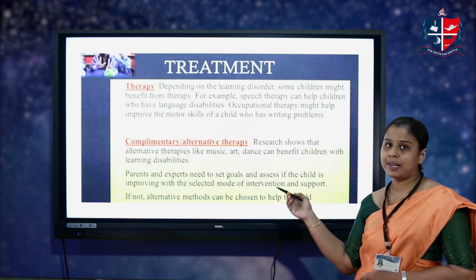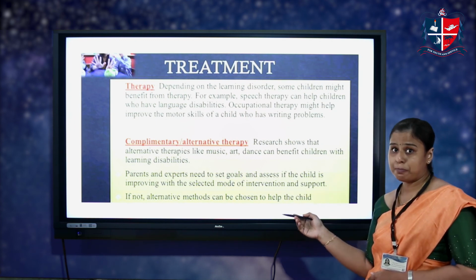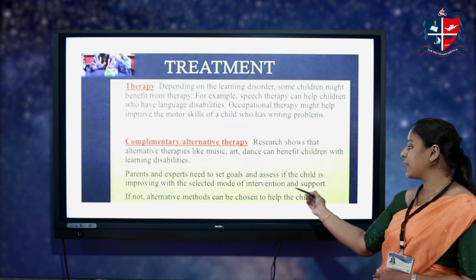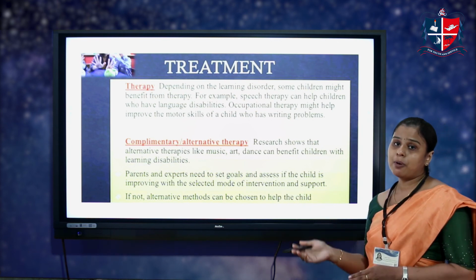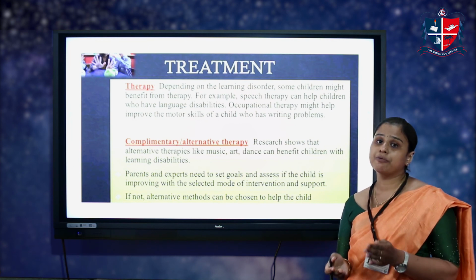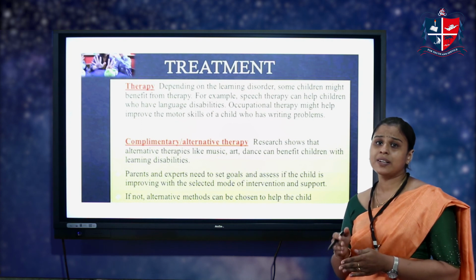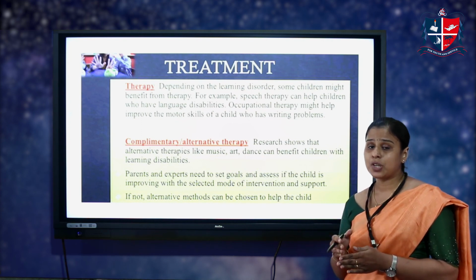The parents and experts need to set goals and assess if the child has improved with the selected mode of intervention and support. The support from the parents as well as from the school is very important for that particular child. So that's all about today's topic.